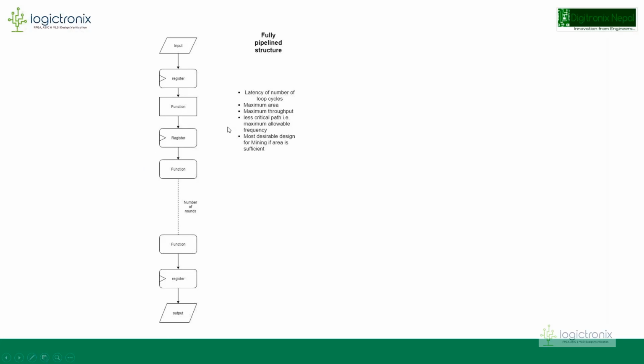So you get the maximum throughput with this design, and it has less critical path also because we have used registers in every pipeline stage. That will let us clock the frequency higher, or even overclock the FPGA, up to maybe 400 or 500 megahertz. So this is the most desirable design for mining applications or some high throughput applications.